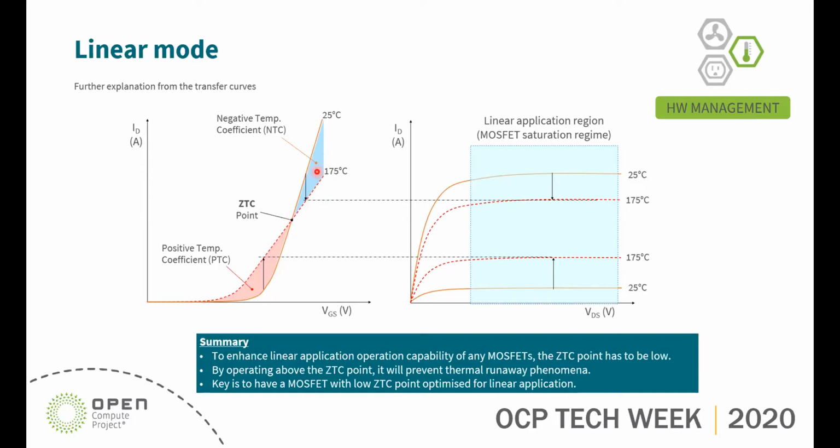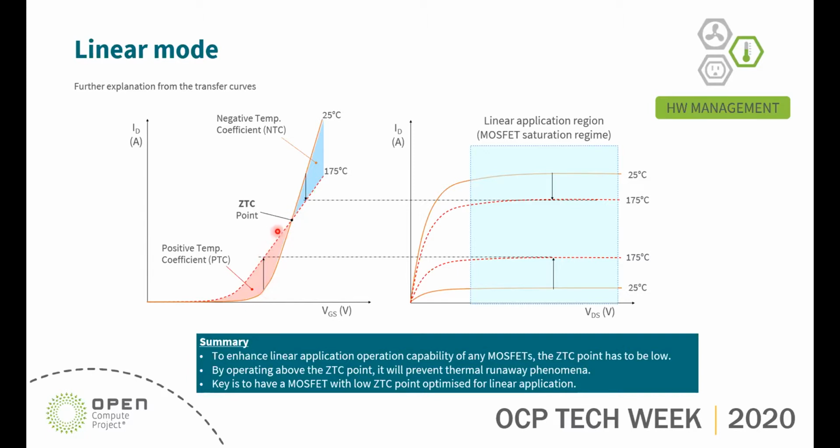Now, the reason we give two graphs here is to show how it behaves at different temperatures. With the same VGS, when the MOSFET heats up, it actually allows more current. This area is where the MOSFET is not stable, or the actual characteristics show that the linear mode is not stable, meaning that for a slight change in the VGS with the heat, you have more current.